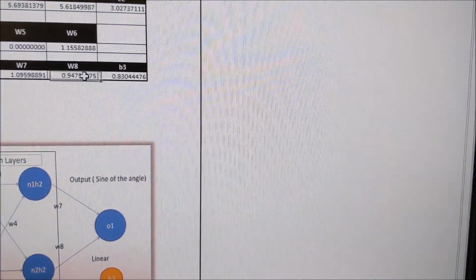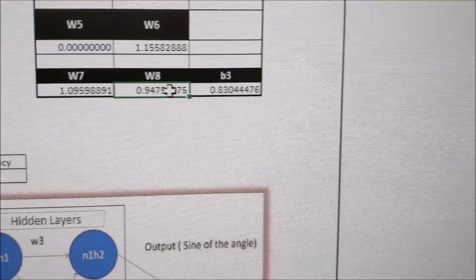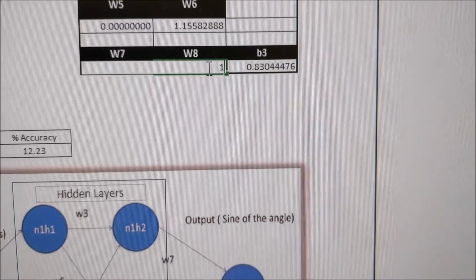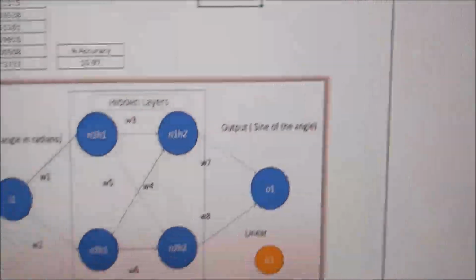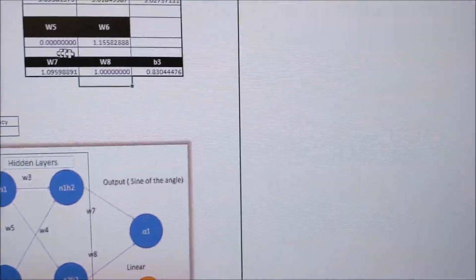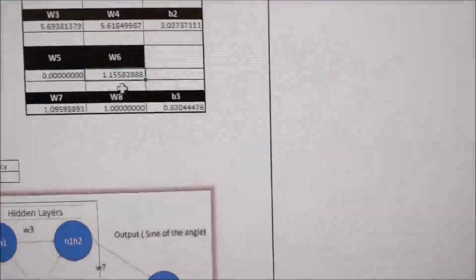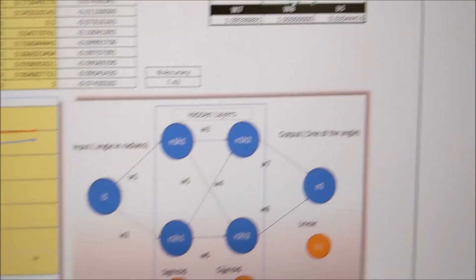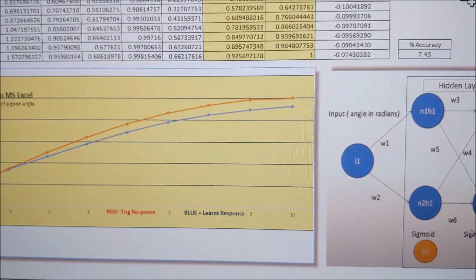But let's make W1, okay, it doesn't have to be much. Let's put it as a 1. Doesn't matter what it is. And now look what's happened. It comes adrift. Let's make W6 1 as well. And there we are, variance again.